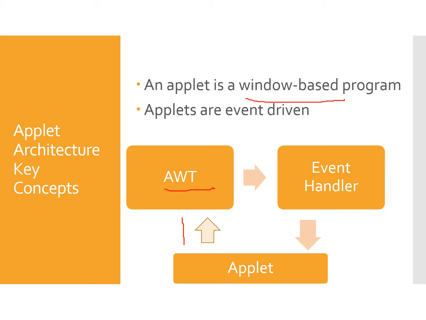And based on these events, the applet works, and after executing, it again returns control to AWT. So, the applet program works on the specific action in response to events, and the control is returned to AWT runtime system.